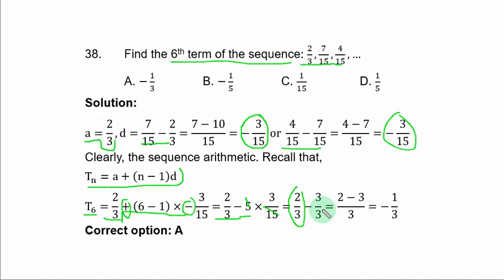Fractions under subtraction are like fractions. You simply subtract the numerators, that is 2 minus 3 over 3, and you have minus 1 over 3. So the sixth term is minus 1 over 3. A is the correct option.